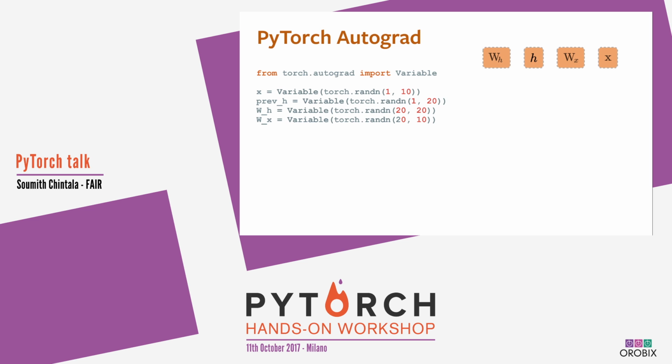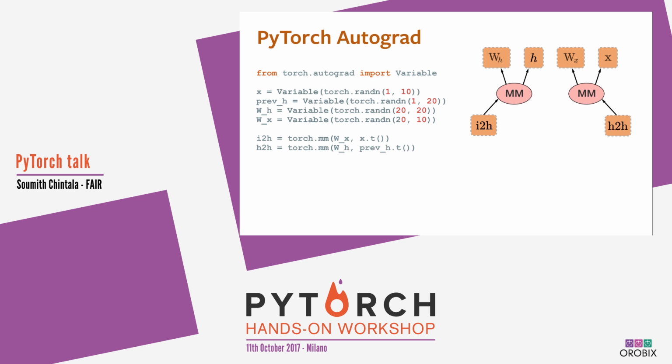So here I create some random tensors, and then I wrap them in autograd variables, and then I'm going to do some operations. I'm going to do a couple of matrix multiplies between both of these. As I do any operations on my variables, the resulting tensors will also be of Variable class, and they will record how they were created.